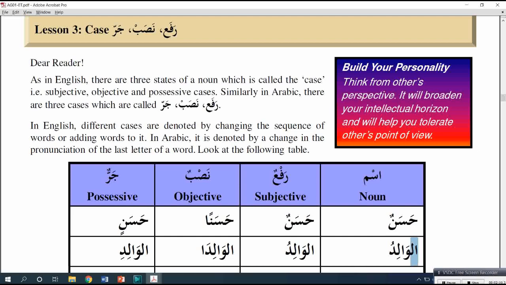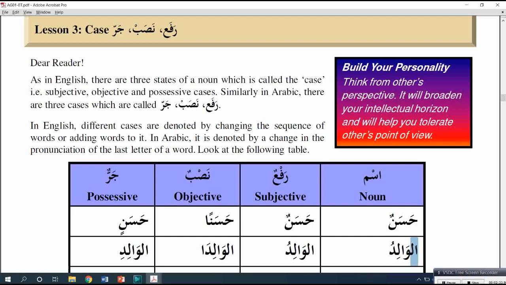As in English there are three states of a noun, called case: subjective, objective, and possessive, the same three are available in Arabic as Rafa, Nasb, and Jar.